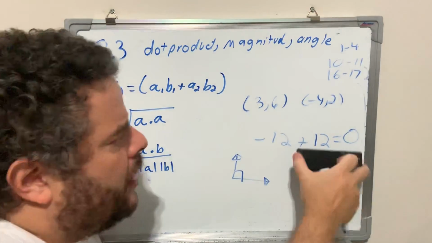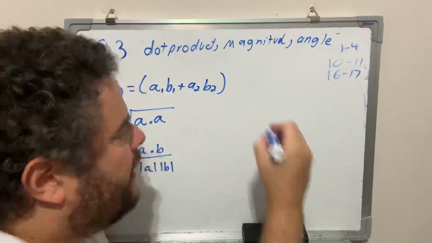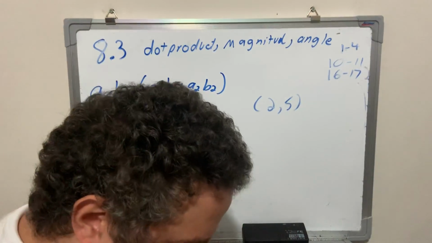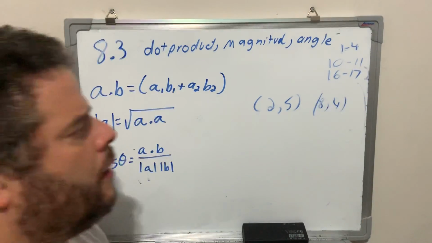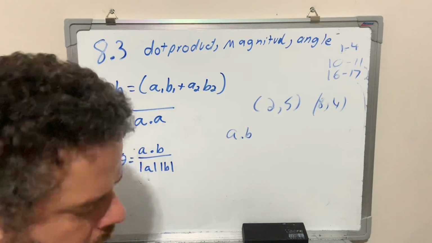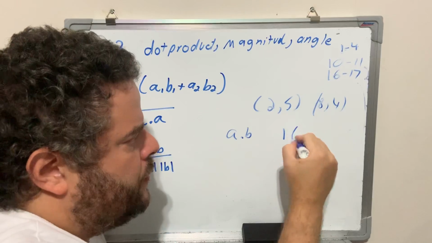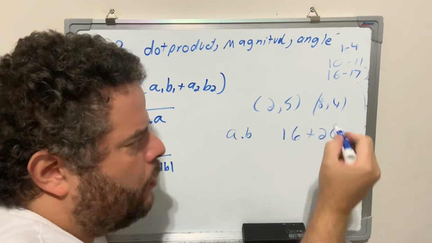Let's calculate the dot product of two other vectors. Let's say they give me A as 2, 5, and B would be 8, 4. The dot product, which is denoted A·B, pretty much again, let's begin. A1 times B1 gives me 16, plus A2 times B2 gives me 20.